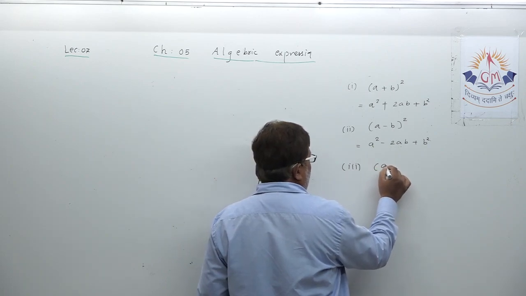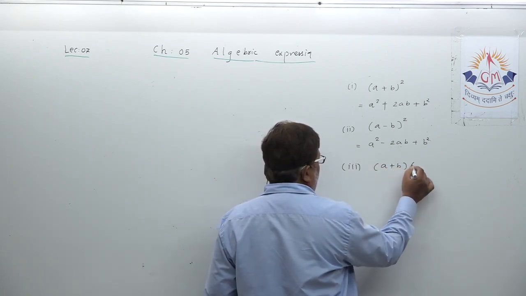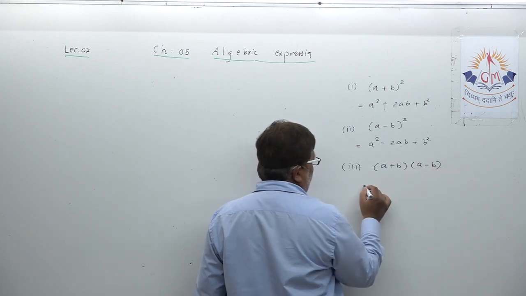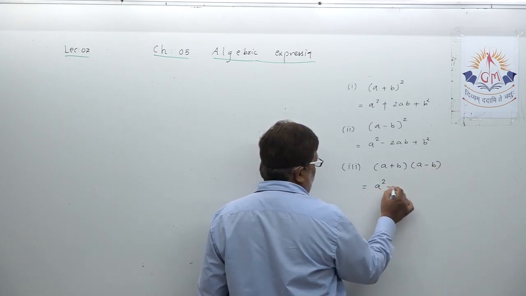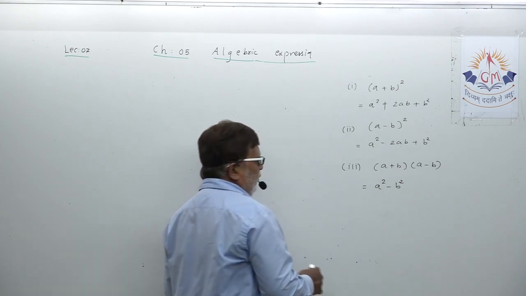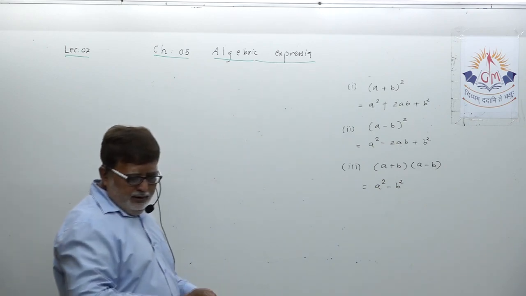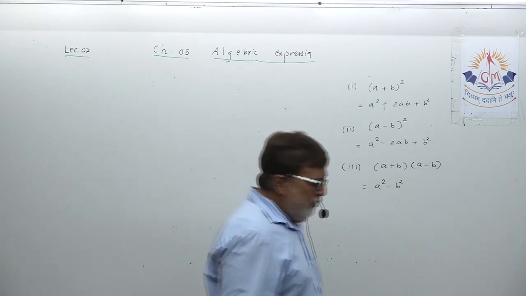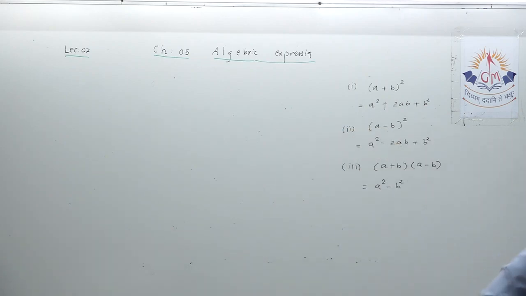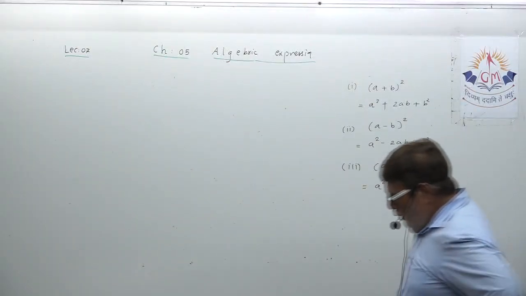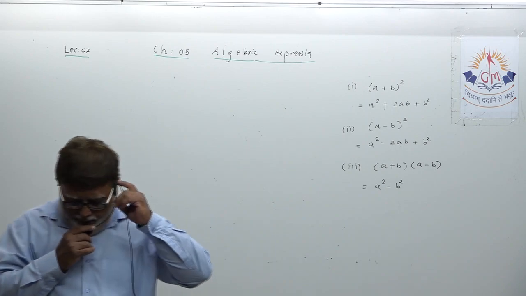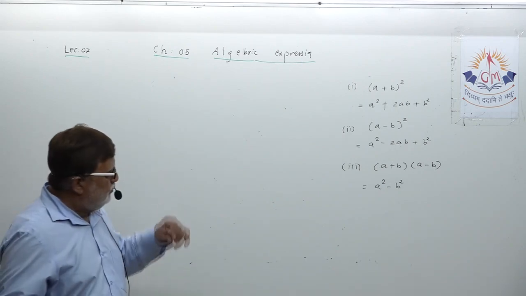That's a plus b into a minus b, that's equal to a square minus b square. This new identity you have to target: a plus b into a minus b, that's equal to a square minus b square. So this third identity is very important.